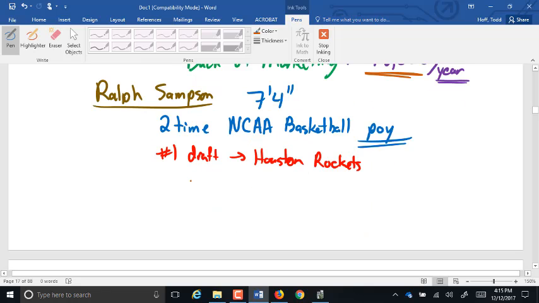The median, you guys ready for this? The median was $24,000 a year. In fact, Mr. Sampson was the only one who made over $33,000 in that group.